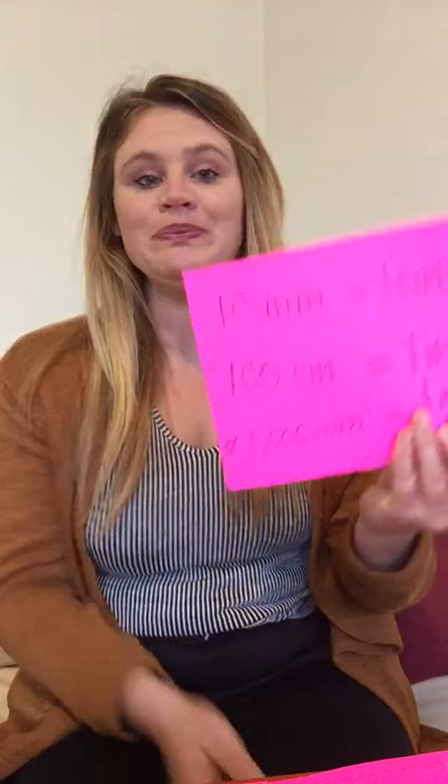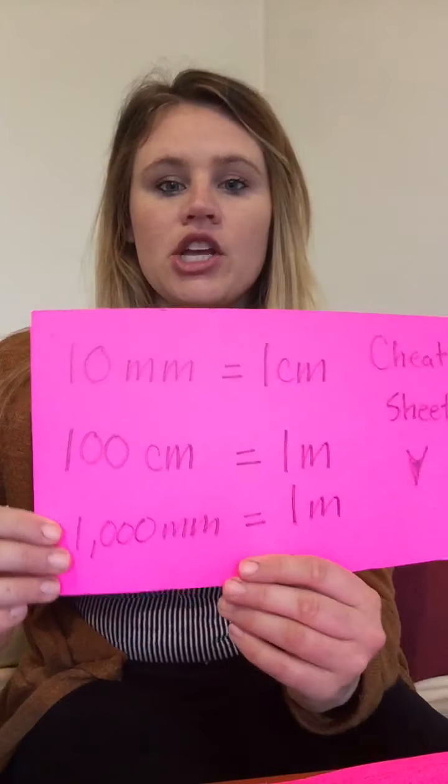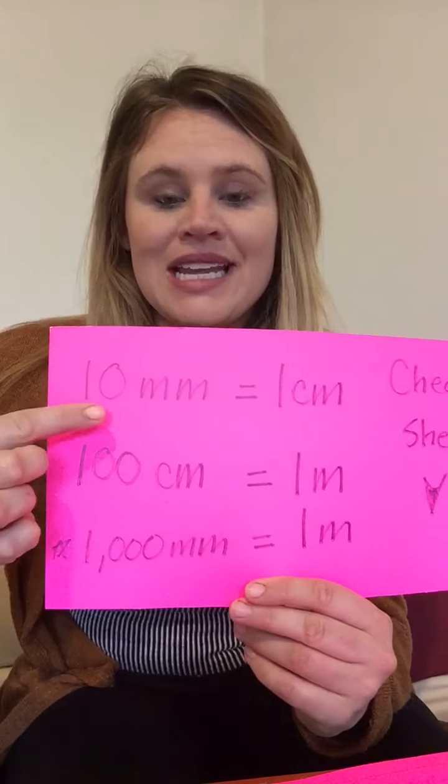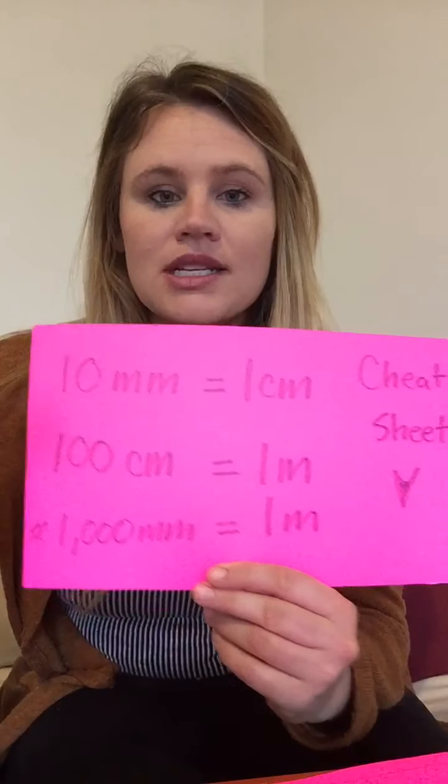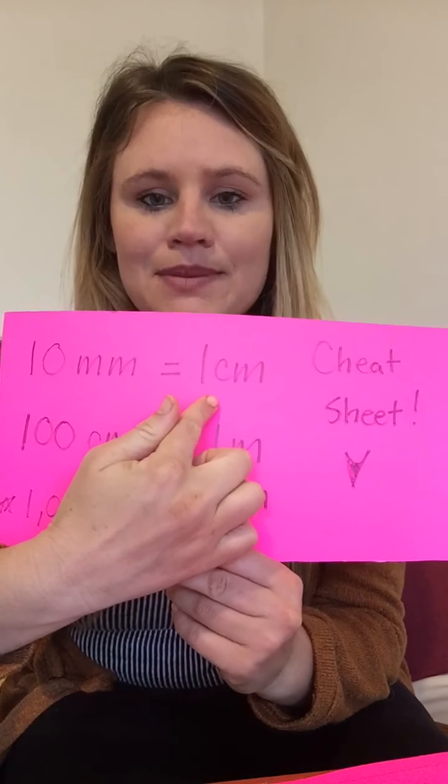The first thing I'm going to show you is a cheat sheet for conversion. In 4th grade, you're always allowed to use this cheat sheet. Actually, on the state test, they give you a sheet of formulas to use, and this is basically the same thing that I'm going to be showing you today. So I'm going to start with this little sheet of conversions. The first one is 10 millimeters, which is the smallest, is equal to 1 centimeter.